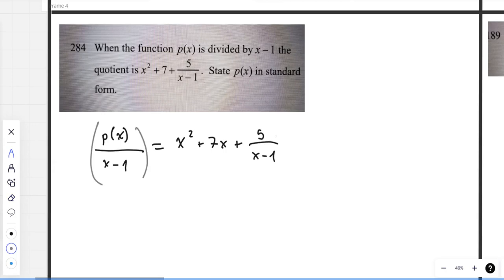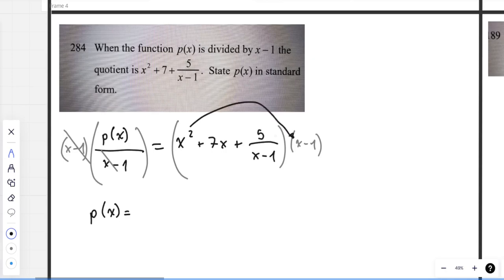Multiply this whole thing by x minus 1. You'll see it'll cancel out on the left side, and it'll leave us with just p of x on the left. On the right, you're going to have to do a little bit of distributive property. So x squared times x will give us x cubed.